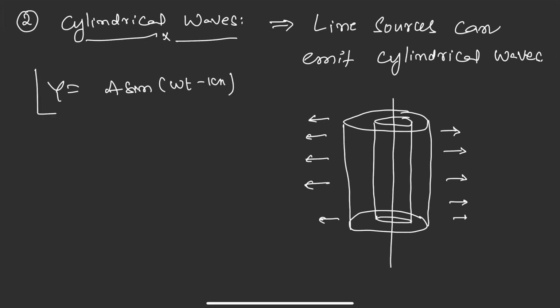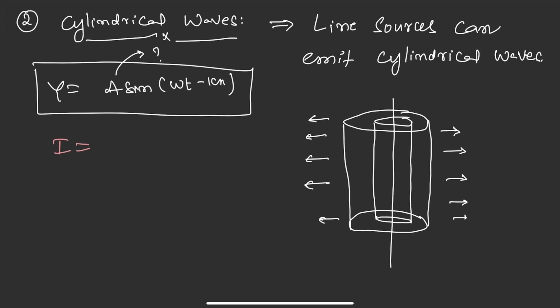Now I want to write its equation. My question is what the amplitude is. For this, first consider intensity. Intensity I is power per surface area. The surface area is 2 pi RL, where L is the length.